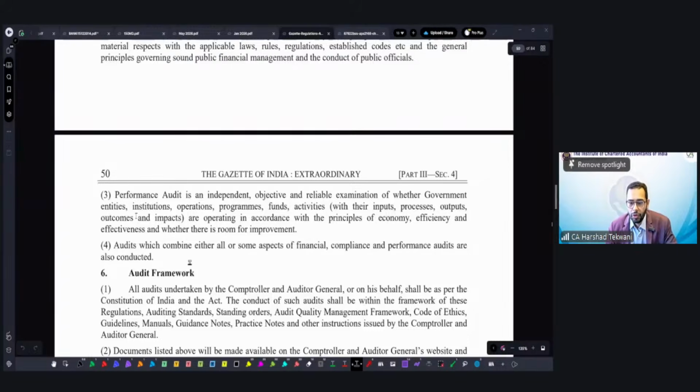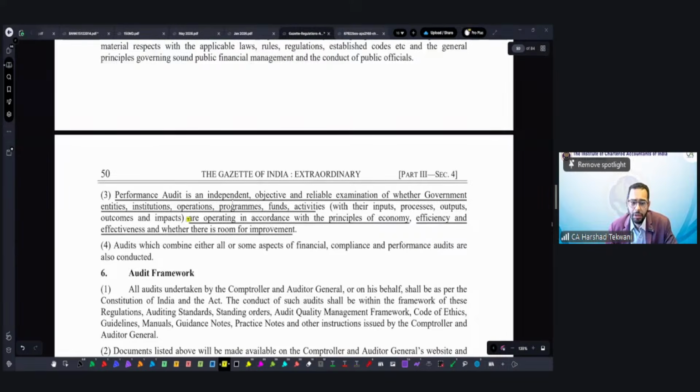So performance audit is an independent, objective, and reliable examination of whether government entities, institutions, operations, programs, funds, activities are operating in accordance with the principles of economy, efficiency, and effectiveness, and whether there is room for improvement. Very important.